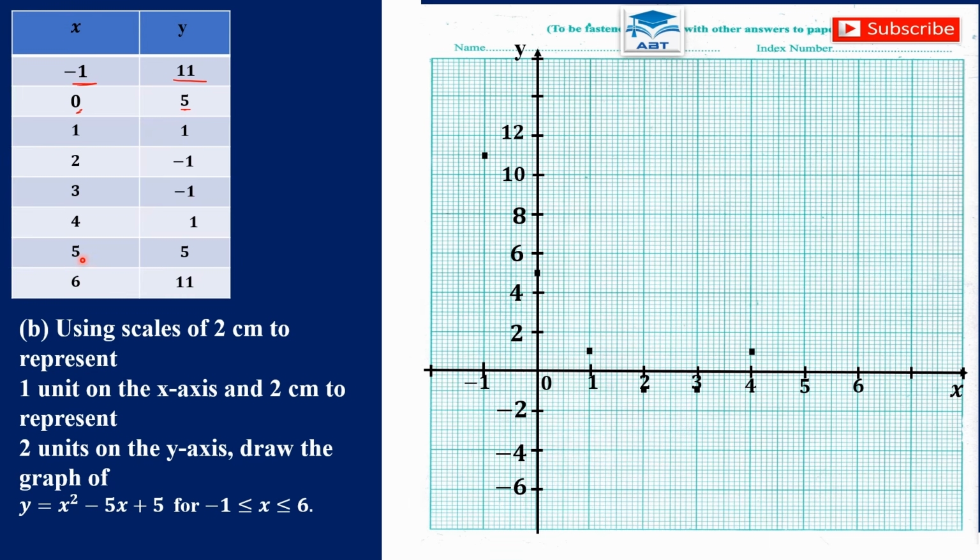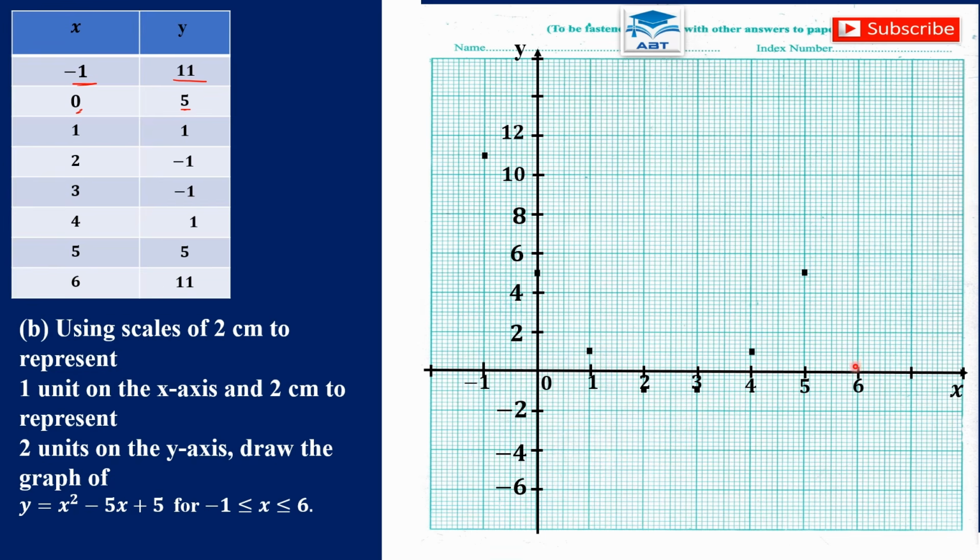When x is 5, y is also 5. This is 5 on the x-axis, and this is 5 on the y-axis, so they will meet here. When x is 6, y is 11.